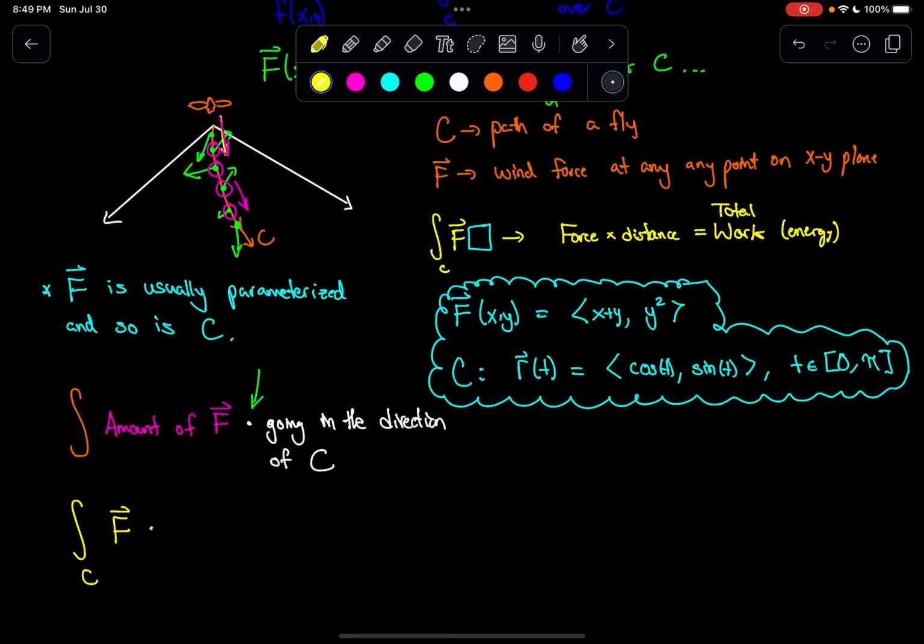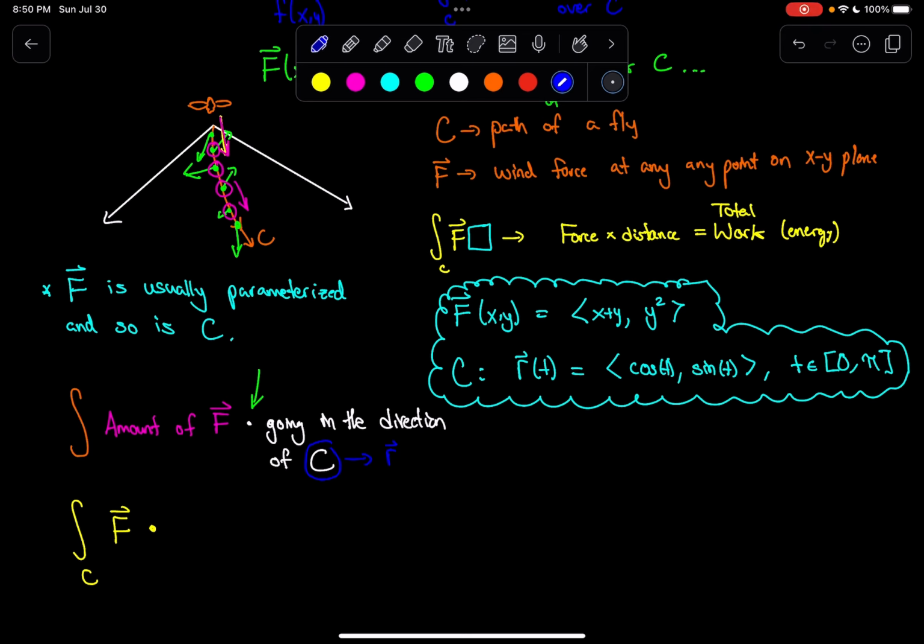And now we need to indicate going in the direction of C. But C has been parameterized by what? Well, C has been parameterized by our path R. R of t is the parameterization of our path C.